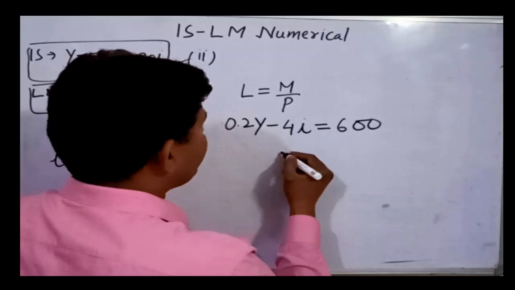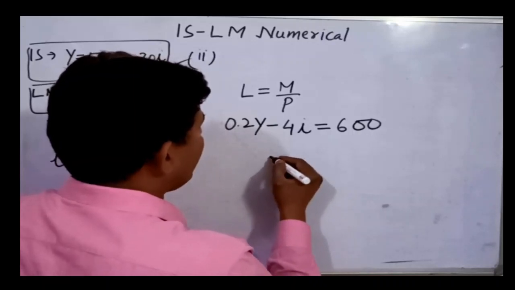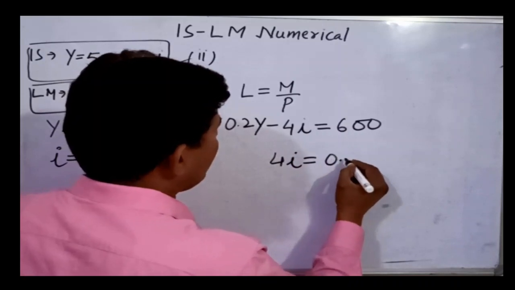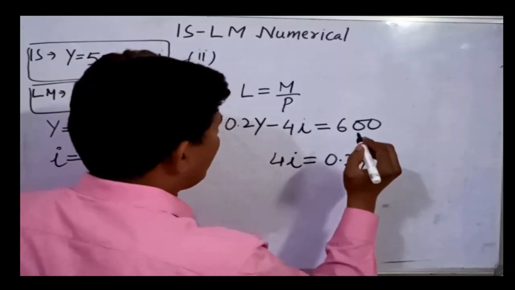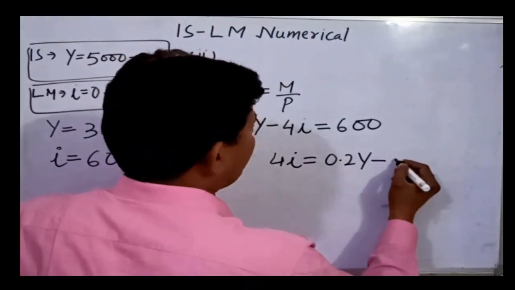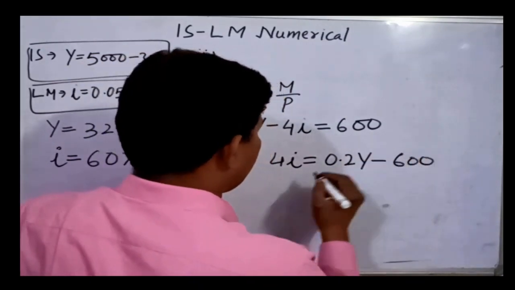Now when we solve for the value of i, what do we get? We get 4i is equal to 0.2y minus 600.